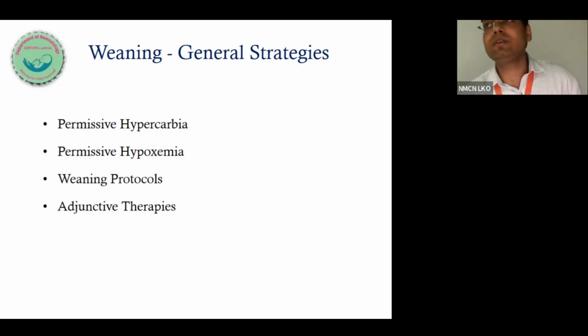Various studies have been done, like the Felby and SUPPORT studies, which showed that practicing permissive hypercapnia beyond 65 millimeters of mercury might not be that beneficial.